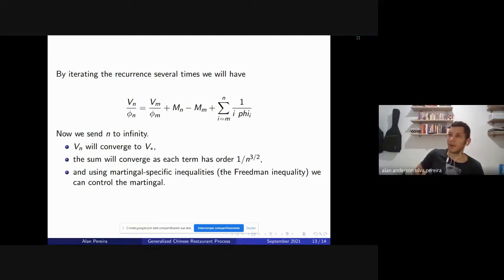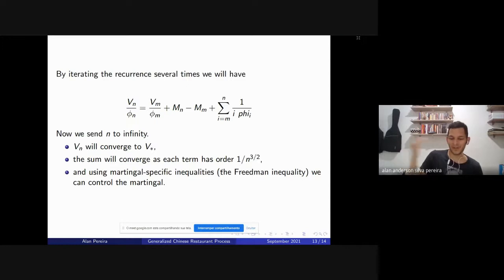I don't know, because in fact the results using martingales, the other results about the generalized Chinese restaurant process that are in Pitman's book, are not by martingale theory. So I don't know. There are other results about medium deviation.